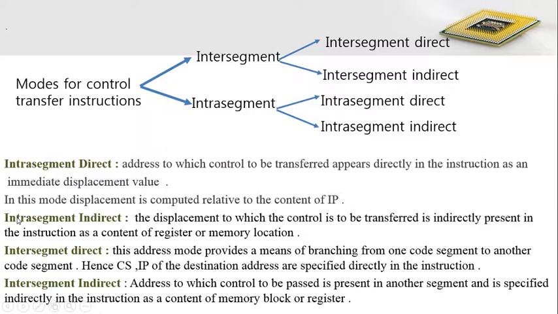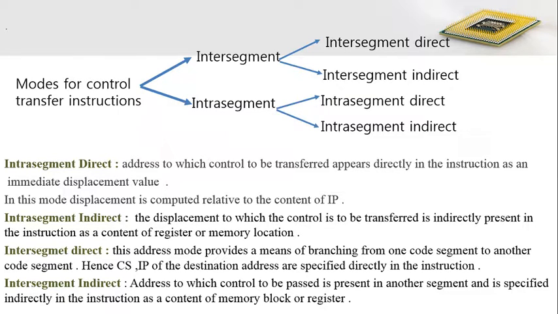Okay, and in case of intra-segment indirect, the displacement to which control is to be transferred is indirectly present in the instruction as the content of a register or memory location. Intra-segment means the control is transferred to a new instruction present inside the same code segment itself.